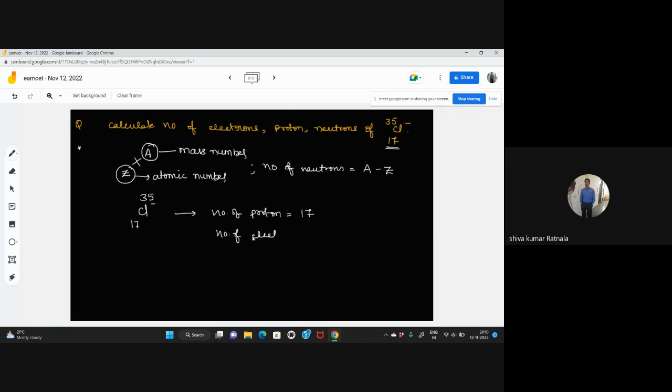If it is an ion, generally we can say atomic number plus or minus. Now see, this is an anion, right? So anion means 1 electron gained. So already 17 electrons are there. 1 electron gained means it will be 18 electrons. And number of neutrons equal to mass number 35 minus atomic number 17. That will be 18.